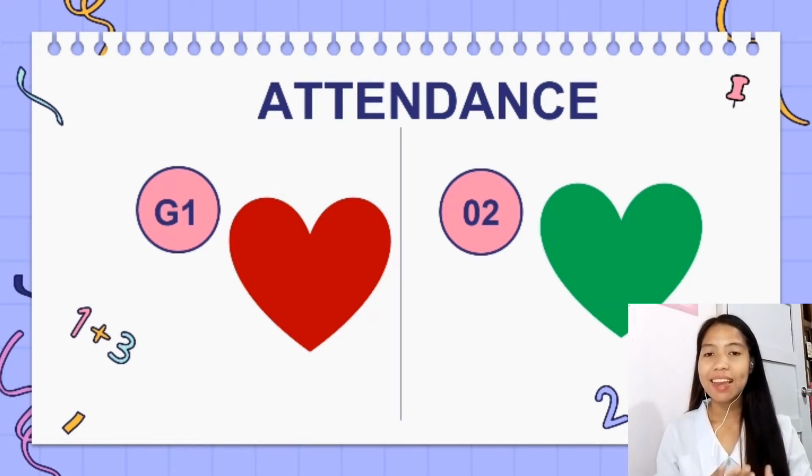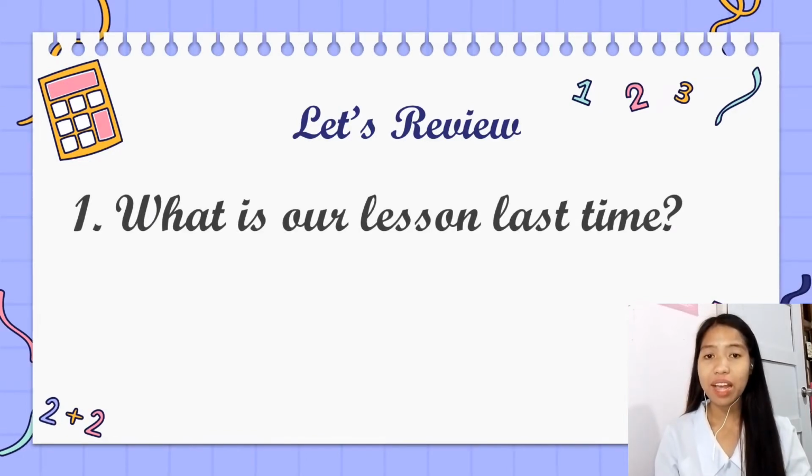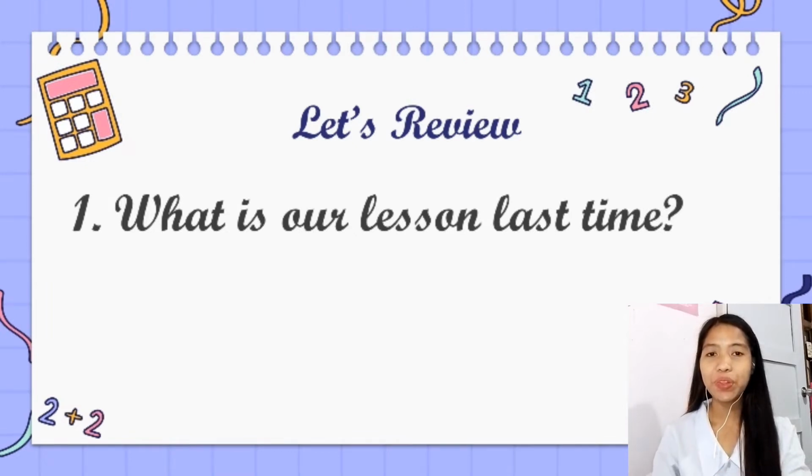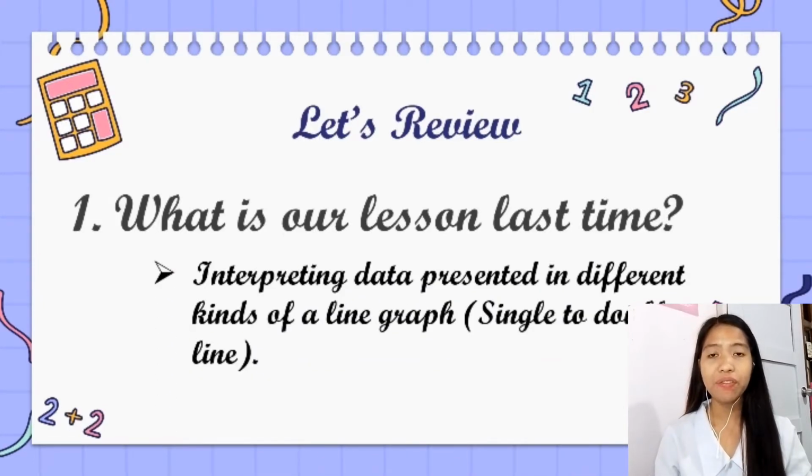Okay, class, let's review. Who can still remember the lesson last time? I have some questions here for you. Number 1, what was our lesson last time? Okay, very good. Our lesson last time was all about interpreting data presented in different kinds of line graph, single to double line.